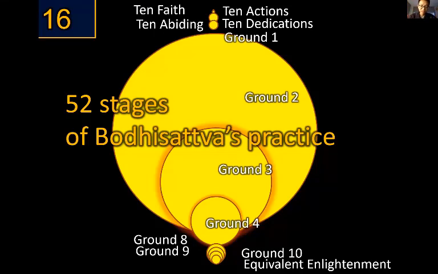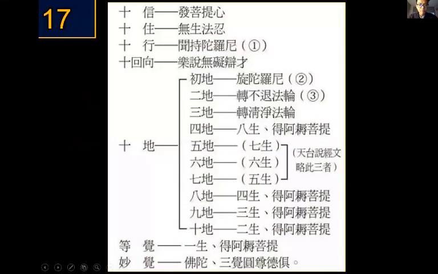That's actually the middle, and after that there are usually 2 more grounds: the equivalent enlightenment, and then the actual wondrous enlightenment, which refers to the state of the Buddha. I'm sorry I couldn't translate this into English, but I think this is a pretty good table of these 52 stages, matching what has been said in the sutra.